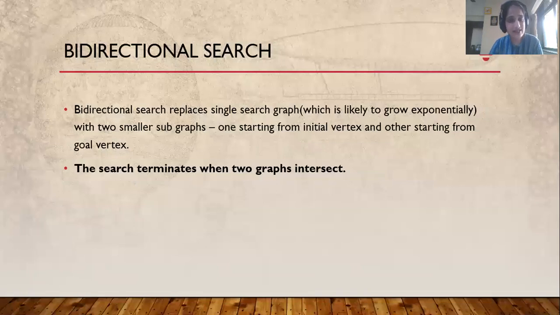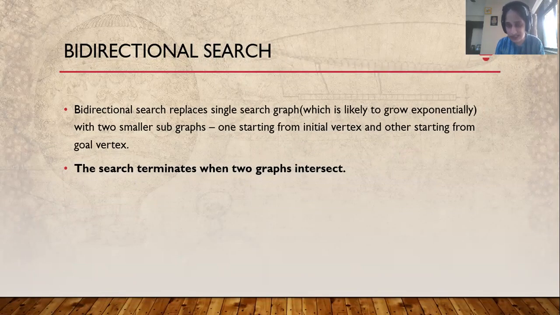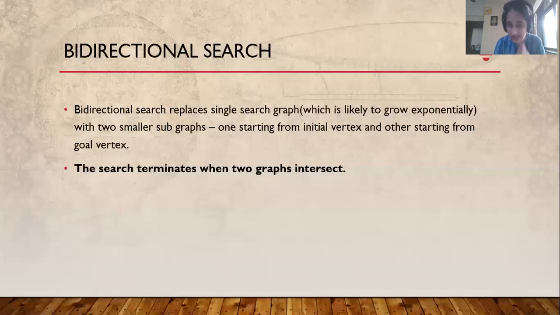Now, bidirectional search replaces the single search graph with two smaller subgraphs, one starting from the initial vertex and another starting from the goal vertex. The search terminates when the two graphs intersect. Normally the other searching mechanisms terminate either when the state space is completely explored or when the goal state is found.